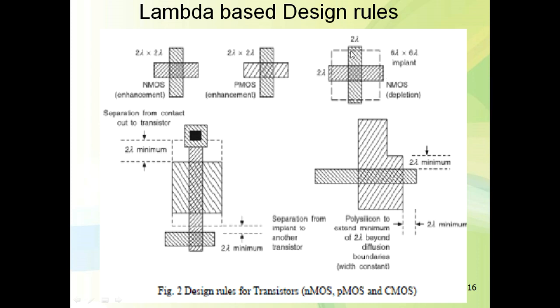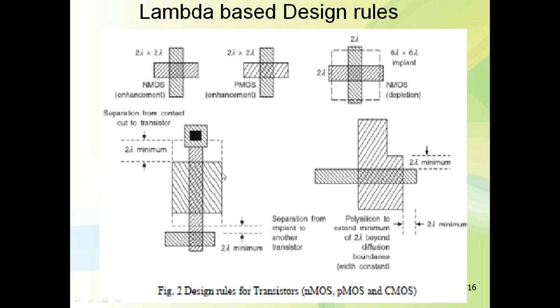The width of the poly layer is 2 lambda, and whenever the diffusion and poly cross, a transistor is formed. But the depletion layer, that is the implant, you have to show by dotted lines, and that is 6 lambda by 6 lambda.